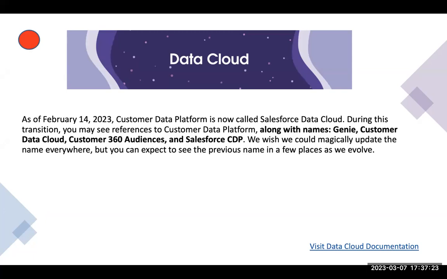You may see some places that still say customer data platform, but soon they will change to Data Cloud. I'm going to ping the Data Cloud documentation link, which covers how Data Cloud is designed, the implementation, the Data Cloud modules, and how Data Cloud works. Everything has been captured here. If you go through it, you can understand it better.